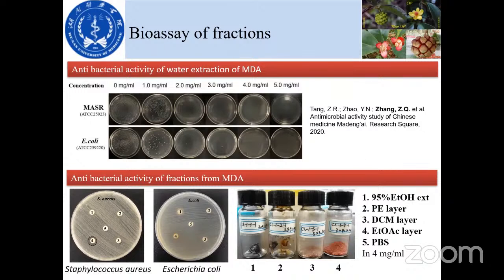After this work, we went to the isolation work for Modi Ye. We used 95% ethanol to extract the resin of the plant and got the extract, and then we used petroleum ether, DCM, and ethyl acetate to fractionate the extract.